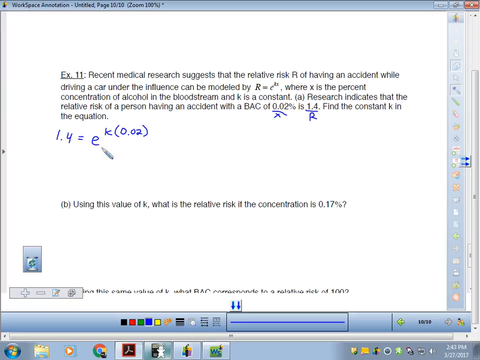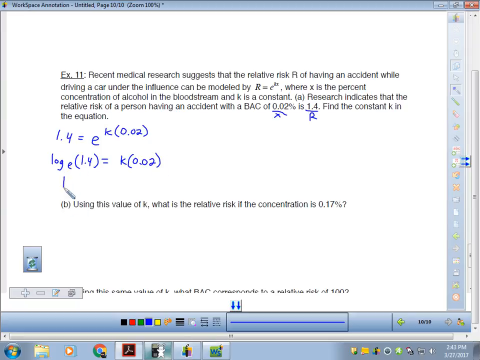Now, again, to solve this, we need to use logarithms. So we're going to rewrite it as a logarithm. We're going to say log, our base is e, our solution was 1.4, and it equals our exponent, which is k times 0.02. And then we can clean that up a little bit.